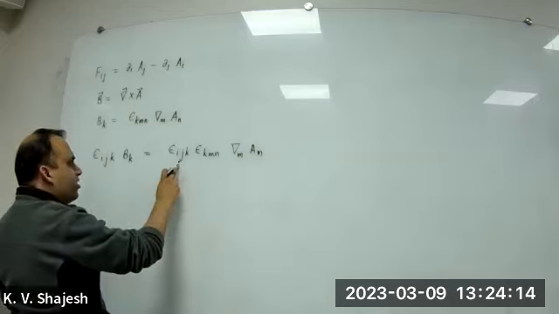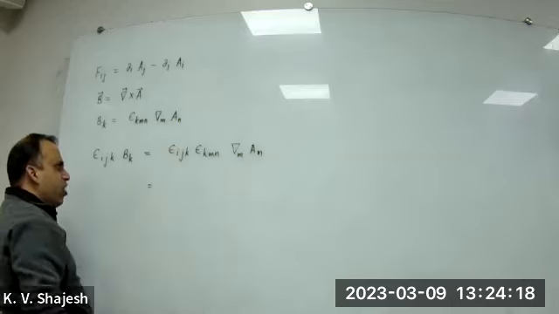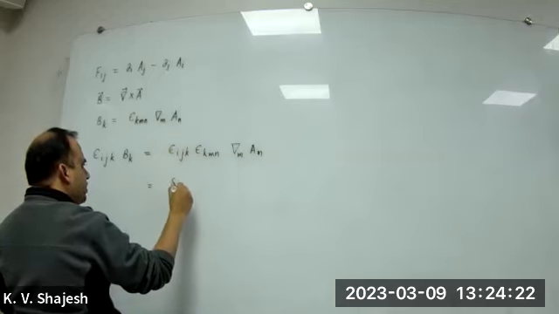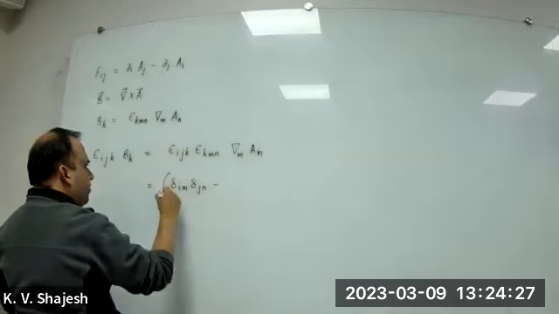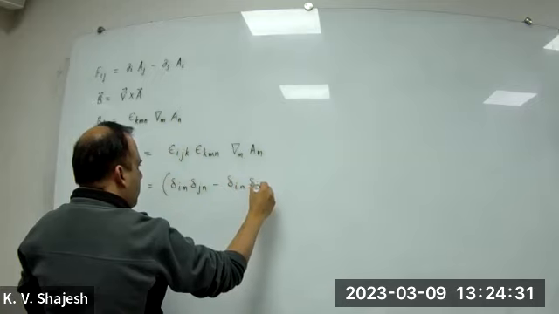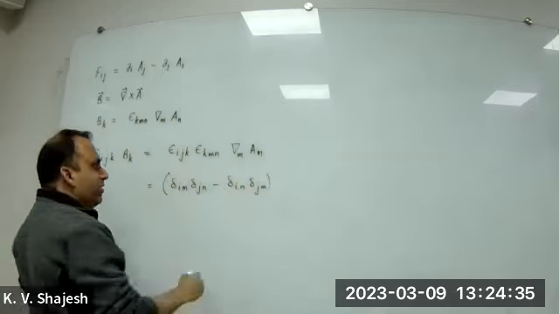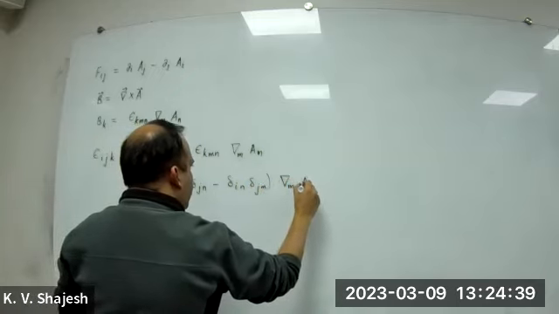This is something we talked about. This can be written in terms of Kronecker delta. I can move k two times, and this is nothing but delta_im delta_jn minus delta_in delta_jm.